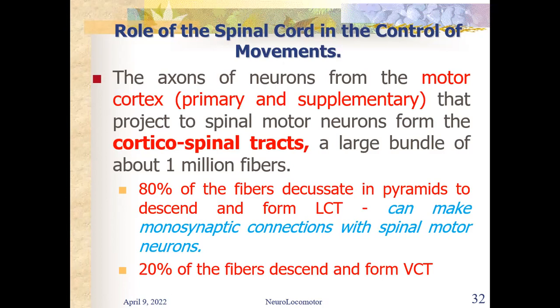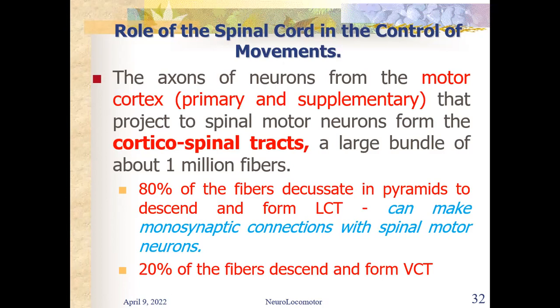Then 20% of the fibers descend to form the ventral corticospinal tract, or the anterior corticospinal tract. That tract supplies the neck and the upper limbs. So 80% decussates, 20% continues as the ventral corticospinal tract.